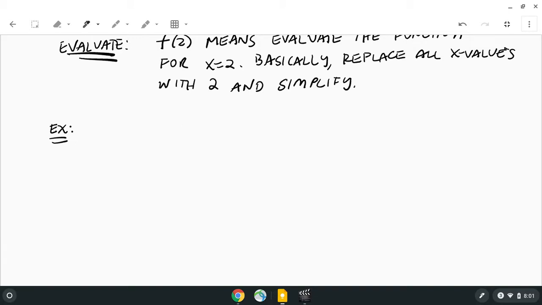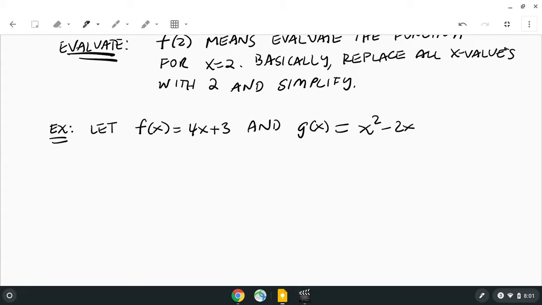All right, so I'm going to give you a couple of functions. That way we don't have to write it so many times. All right, let f of x equals 4x plus 3. And let g of x equal x squared minus 2x.